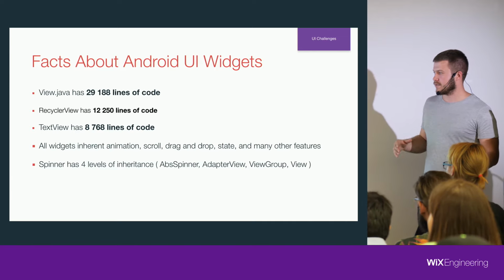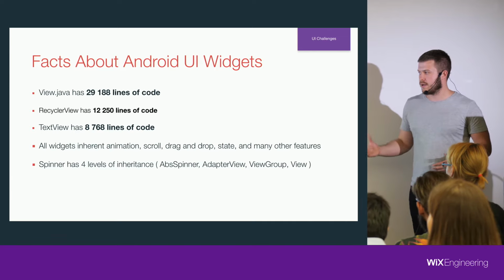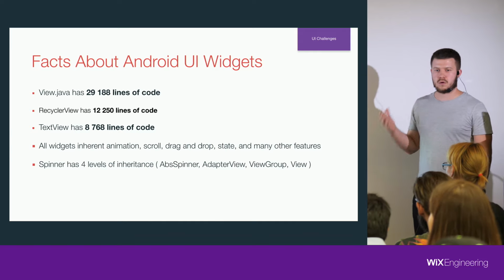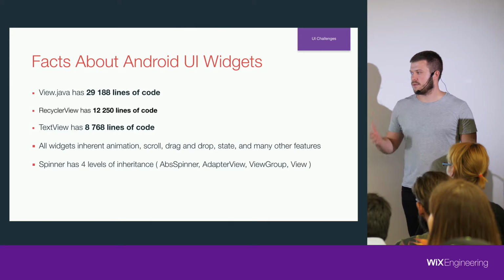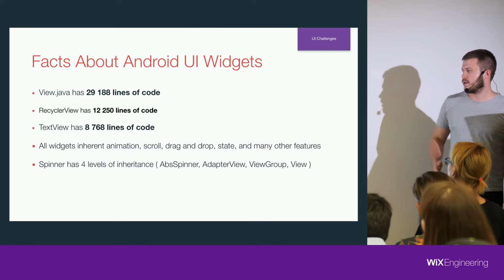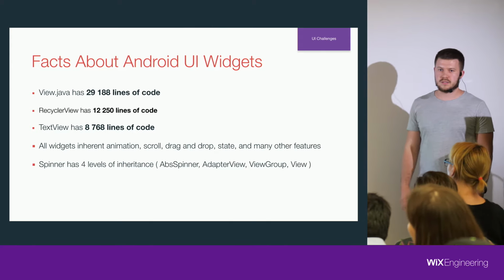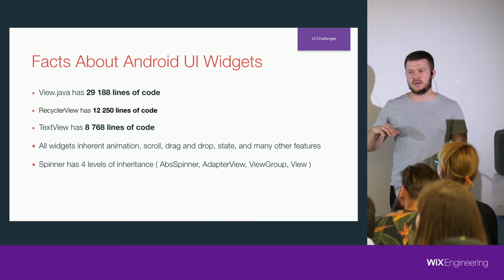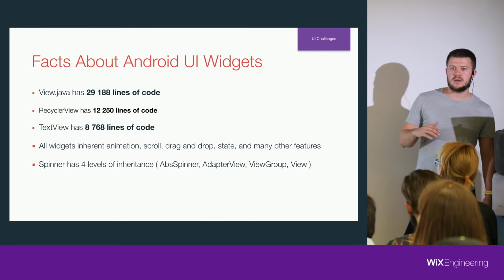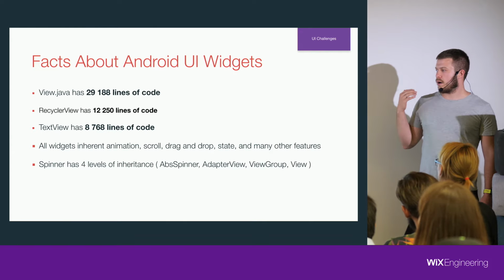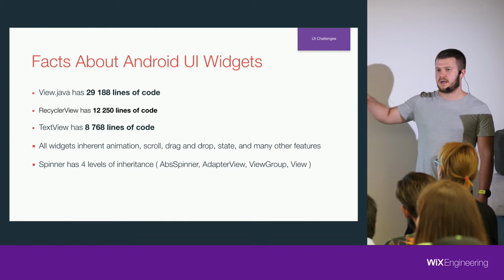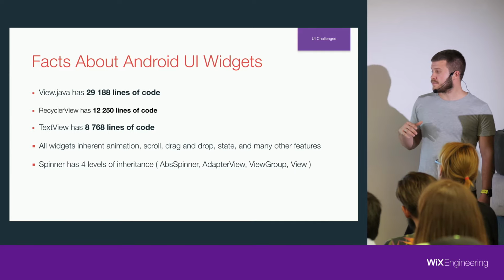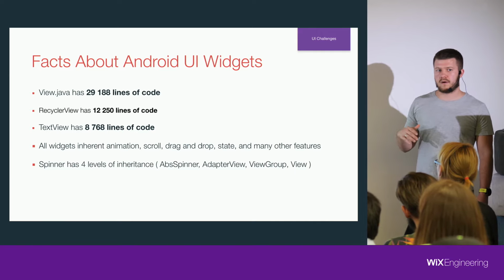It has out-of-the-box features like animation, scroll, drag and drop, state, and many other features. And when you initialize your application, you initialize these features even if you don't use them. So it really prevents you from having a very fast UI.